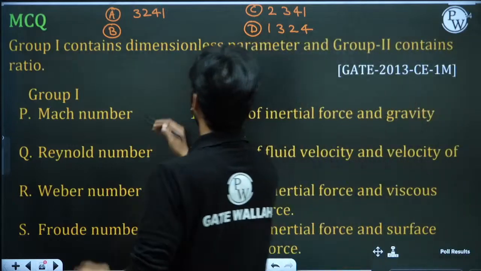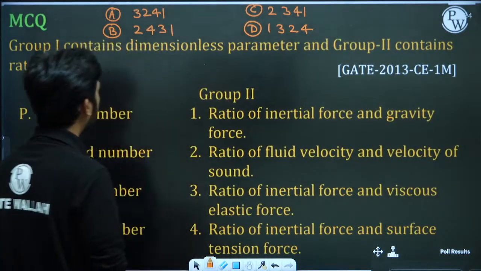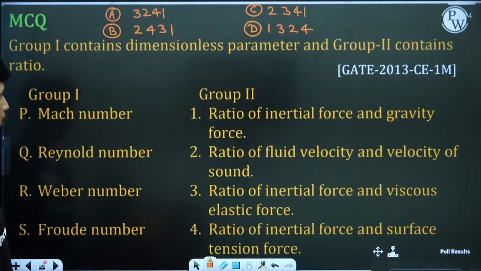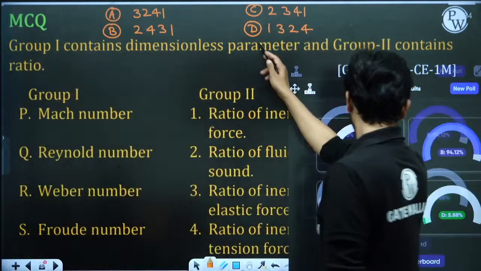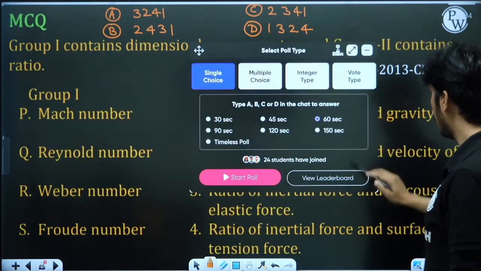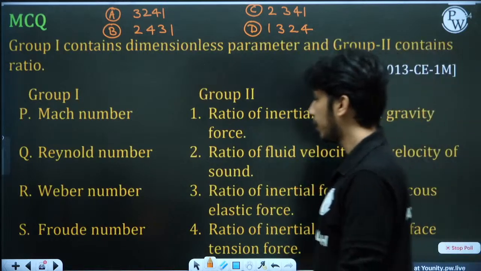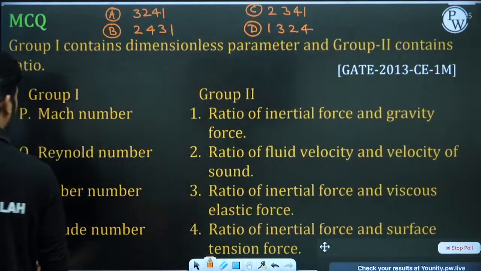Okay, this is 24. Okay, now I'm creating the poll. In the previous poll, I have given the answer. Now let us start a new poll. Okay, I have started the poll, give me the answer.